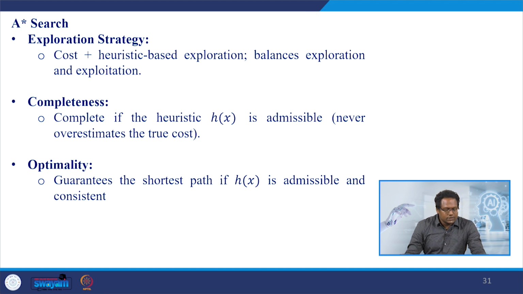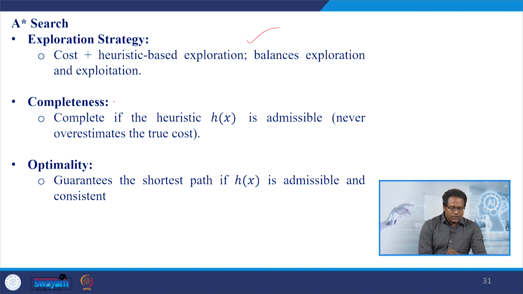Now, coming to the A star search, the exploration strategy in comparison to the breadth first and depth first strategies. Here it is cost plus heuristic based exploration, and thereby it balances exploration and exploitation.